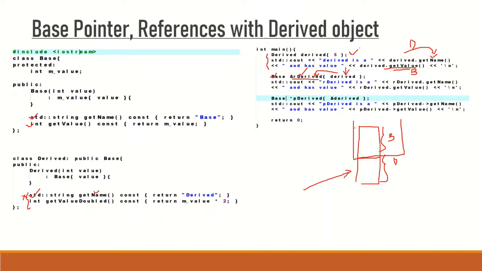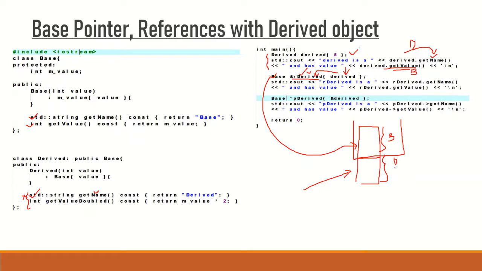One more time I am repeating, try to understand. When we assign a derived class object to a base class reference, the base class reference is allowed to only access the base part of the derived class object.